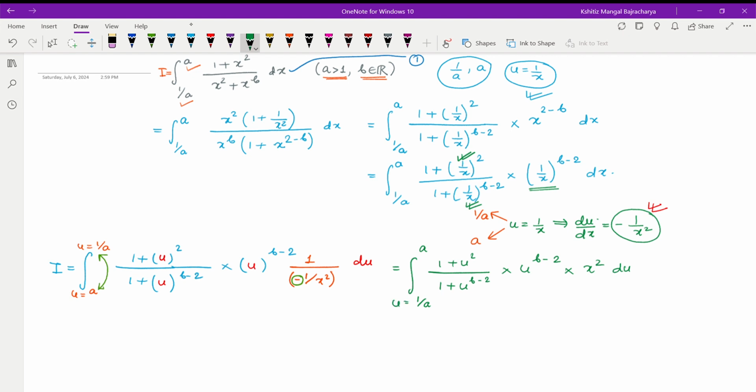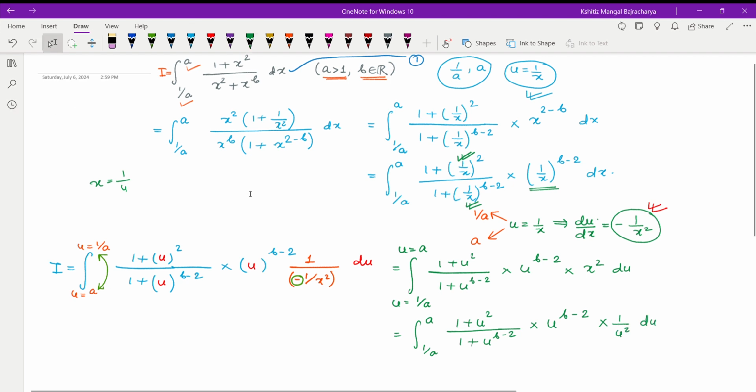These are the limits of u. Now x squared, since we have u equals 1 by x, x is equal to 1 by u, so what are we going to get? We're going to get integration from 1 over a to a of 1 plus u to the power 2 over 1 plus u to the power b minus 2 times u to the power b minus 2, and this will be 1 over u squared du.